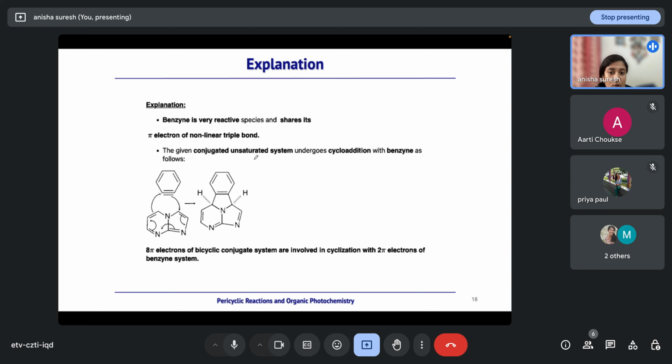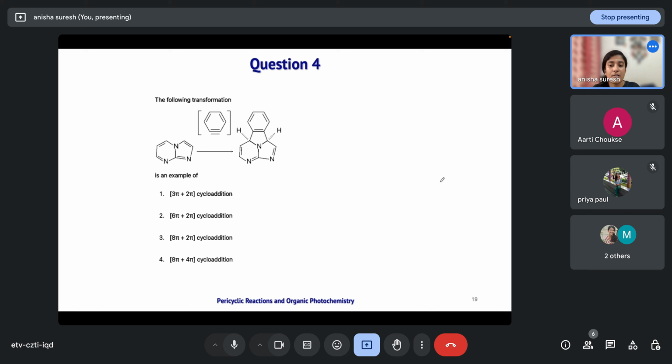So the given conjugated unsaturated system undergoes cycloaddition with benzyne as follows. So here these 8 pi electrons of this bicyclic conjugated system will be reacting with these 2 pi electrons of the benzyne, resulting in the formation of the cycloaddition product. So an 8 pi 2 pi cycloaddition is taking place, and it is taking place in suprafacial mode. Fine. So the answer is 3.